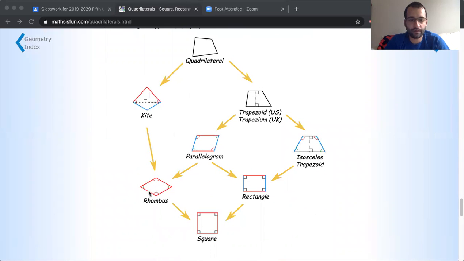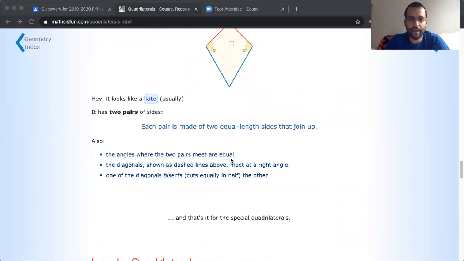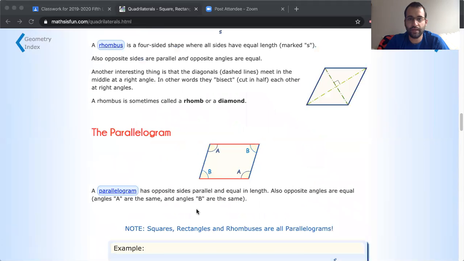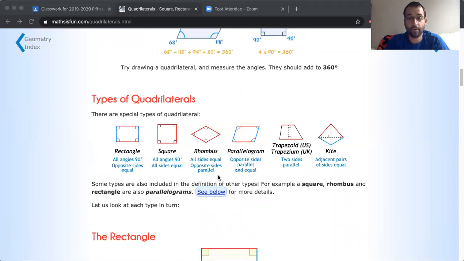So a kite, parallelogram, rhombus, square, rectangle, trapezoid all have four sides. And then other things you'll see as well as it goes on. So as you are looking at these different things, you need to look at the specifics that make it a certain shape. And you'll know that by scrolling back up here and looking at each of the different shapes. Okay, so I want you to take a look at that for the very first thing after this video.